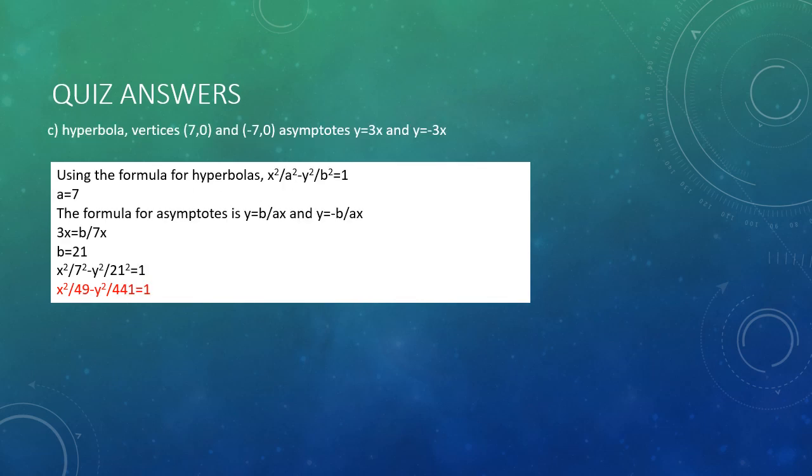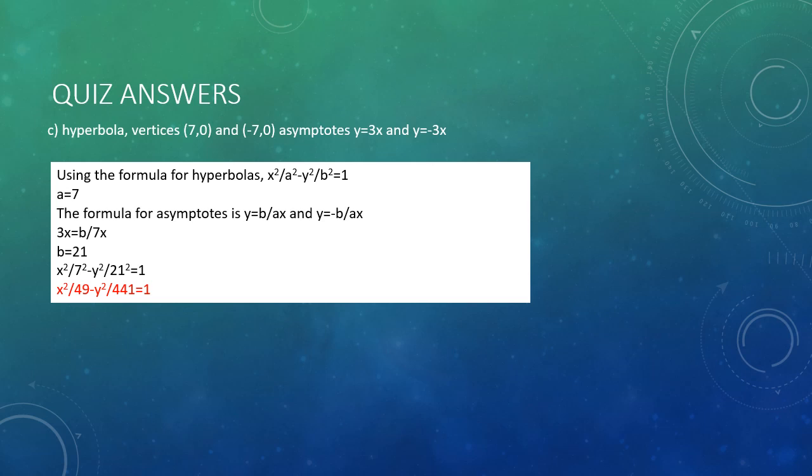For part C, for the hyperbola given the vertices and the asymptotes, we know that the vertices have the coordinates a, 0 and negative a, 0, which means that we can find that a is equal to 7. Now we're also given the asymptotes, which we know are y equals plus or minus b over a x.